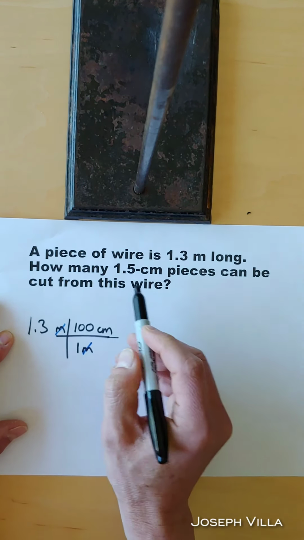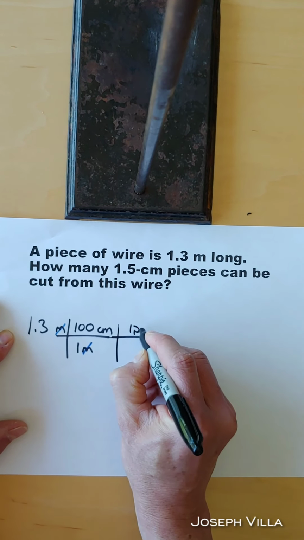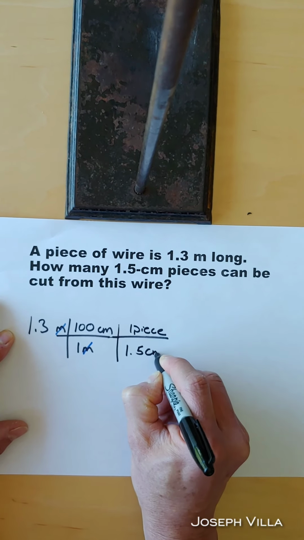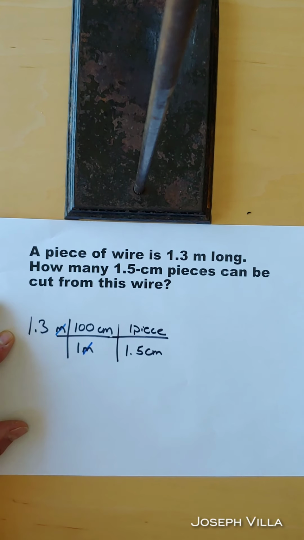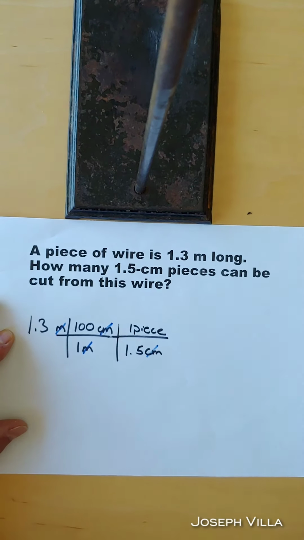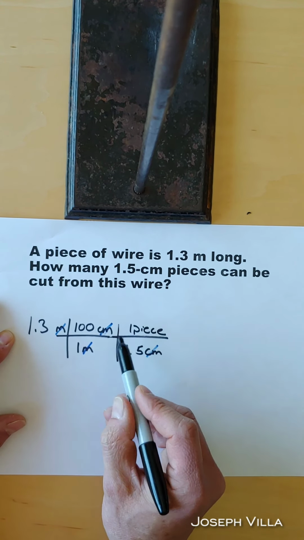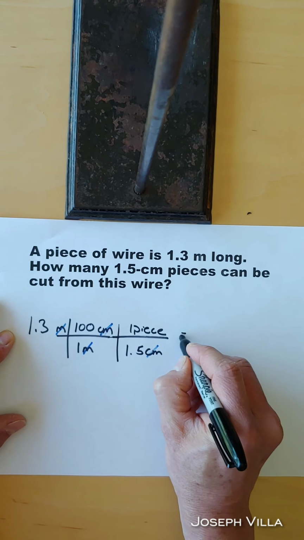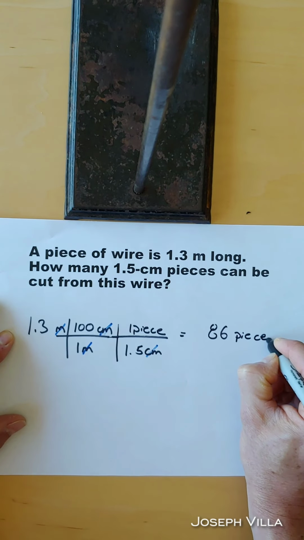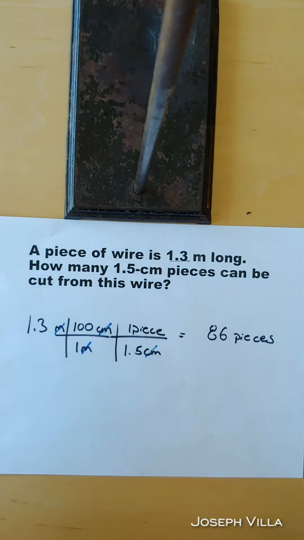Well, how long is one piece? 1 piece of the wire is 1.5 centimeters. So I've got meters to centimeters and then centimeters to pieces. And so 1.3 times 100 times 1 divided by everything on the bottom, and we're going to get 86 pieces of wire out of that original 1.3 meter piece of wire.